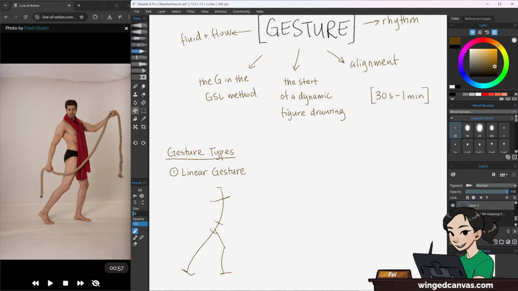Then I might say his arm is doing this, and his other arm is coming out and doing that. And you'll notice that I prefer to draw more fluid lines, so more S curves and slight C curves, like this, rather than drawing lines like this.